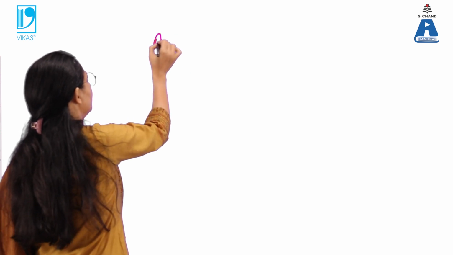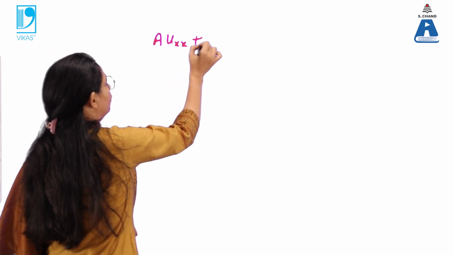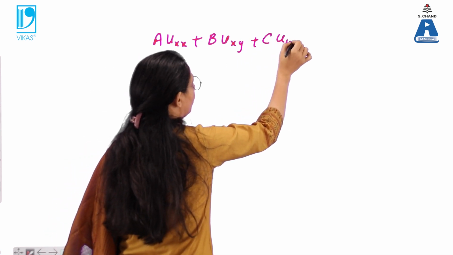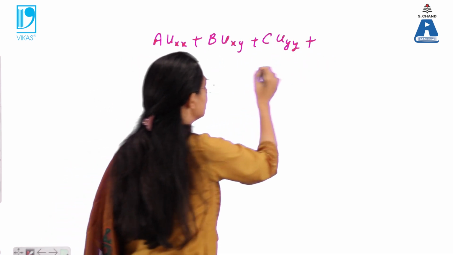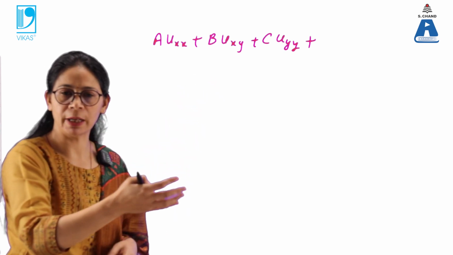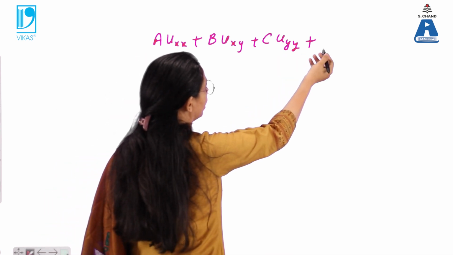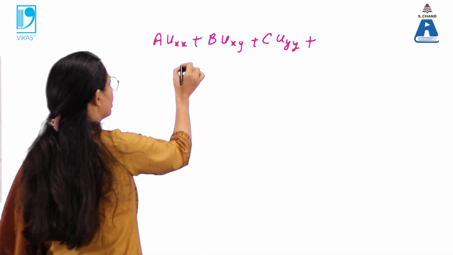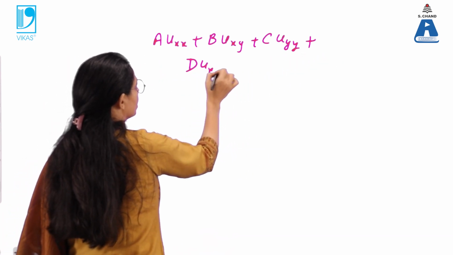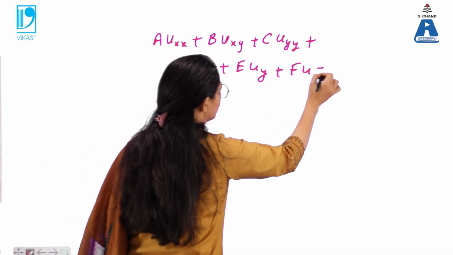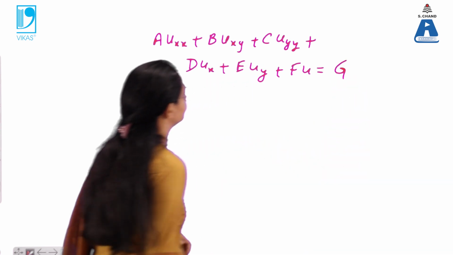Since we are going to discuss only second order linear partial differential equation, a general form can be written like this: a uxx plus b uxy plus c uyy, because these three are the second order partial derivatives, where the second order partial derivatives are involved in the second order partial differential equation, plus d ux plus e uy plus f u is equal to this free term g.